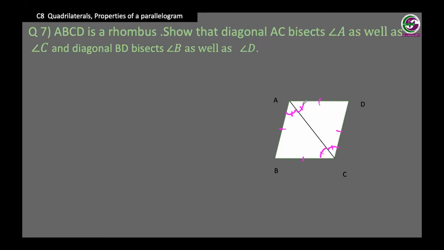So in a rhombus, opposite sides are parallel. Alternate interior angles. So if this is A, that's also A. So we can say angle DAC is equal to angle BCA because AD is parallel to BC, alternate interior angles.